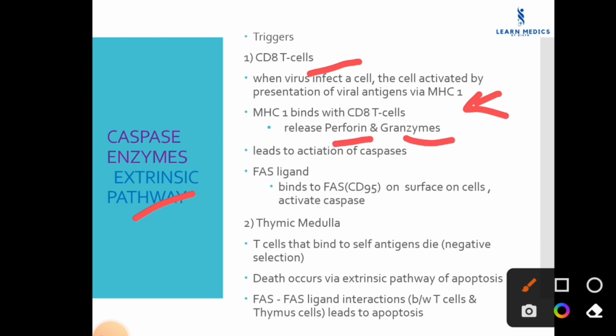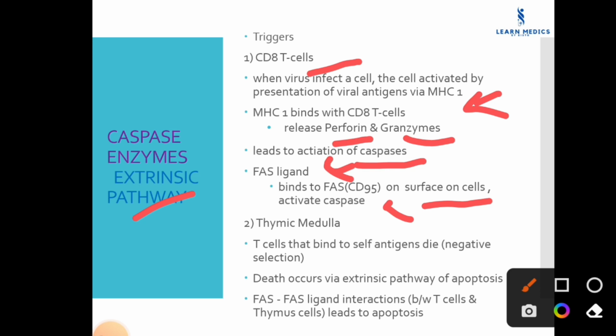Perforin and granzyme lead to activation of caspase enzymes, and the FAS ligand binds FAS, CD95, on the cell surface, which activates the caspases.